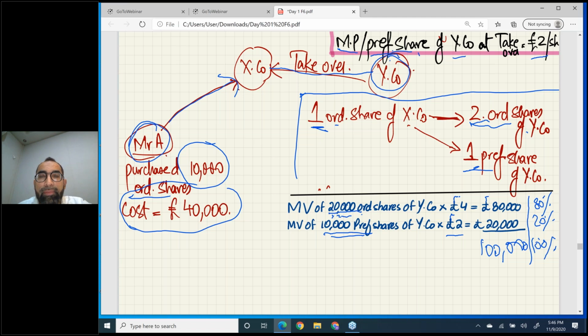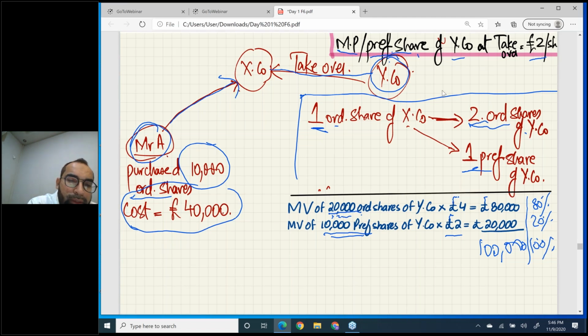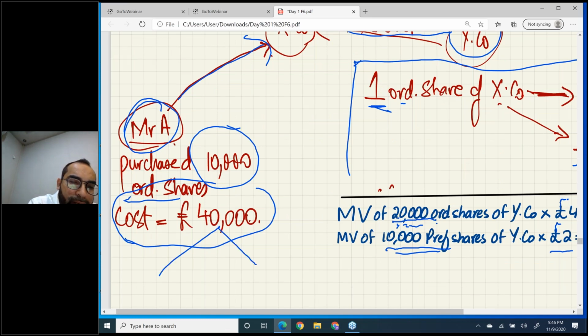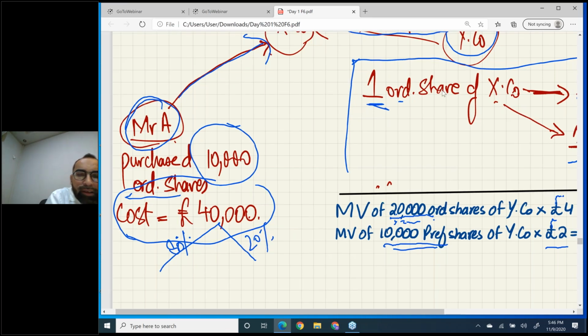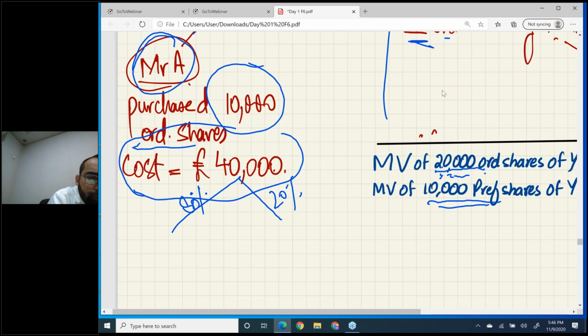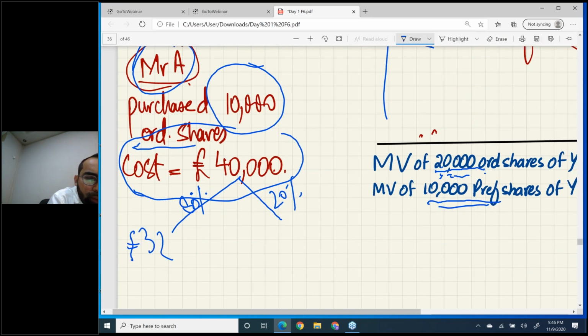Final thing: the original cost was 40,000. You just have to split it 80% and 20%. 80% of 40,000 is 32,000, and 40,000 times 20% is 8,000.